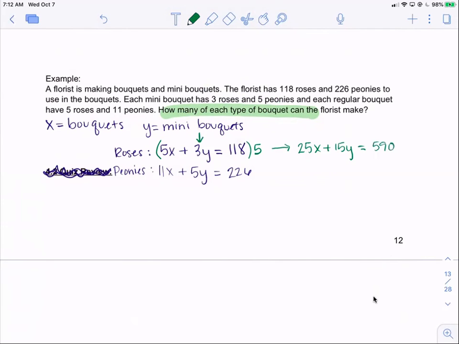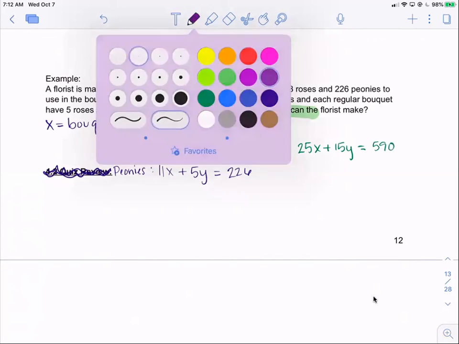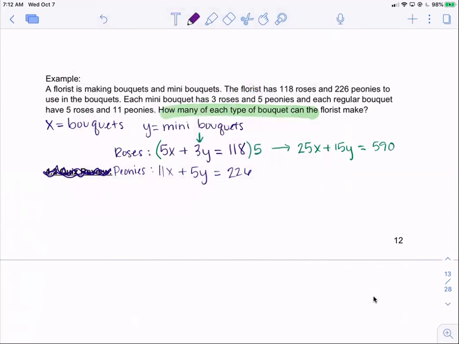Okay. So now in our second equation, we want to get 15 again. So we're going to multiply by 3, but we already have a positive, so let's multiply by negative 3. Okay, so 11x times negative 3 is negative 33x. And then 5 times negative 3 is negative 15y.